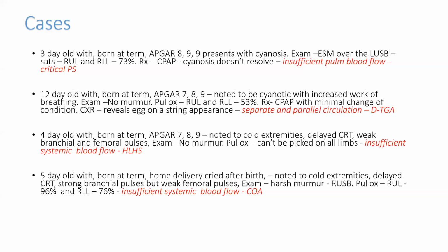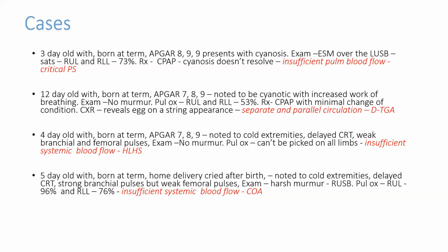Then the third baby came with features of shock. You couldn't even pick up a pulse or a saturation: cold extremities, delayed capillary refill time, weak pulses, and no murmur. So, a classical presentation of hypoplastic left heart syndrome.